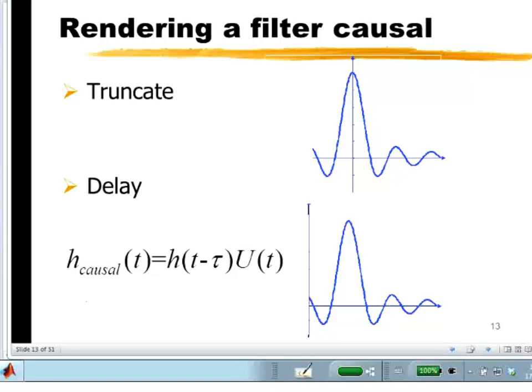If we let the impulse response go wider in the time domain, of course we'll get a sharper cutoff in the frequency domain, but that will mean that we have to introduce more delay before we can take the output and use it. So there's a trade-off. But anyway, this is just to say that although ideal filters don't exist in reality, there are ways that we can approximately achieve it.